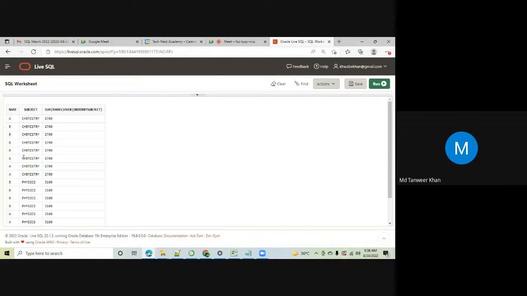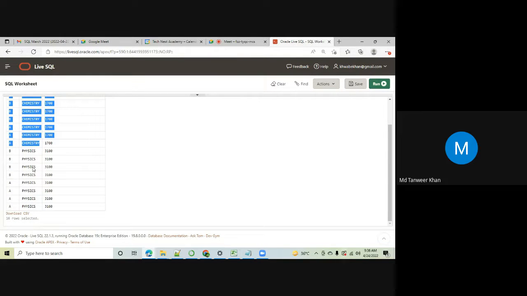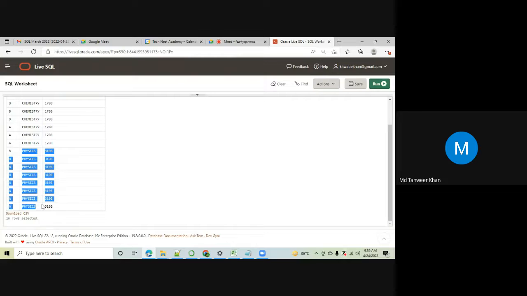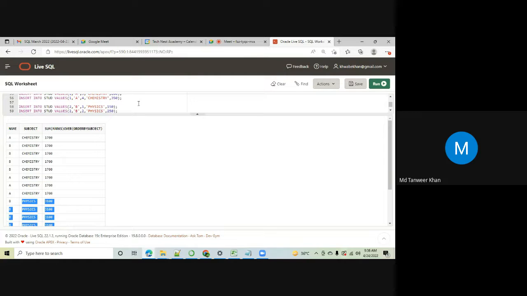All the chemistry rows are coming in the first bucket, right? And then you have all the physics after that. Is this clear? Why is this coming? Because I have mentioned here I want order by subject. So the first task is over. Then the SQL engine sees that the user is asking me to calculate sum of marks.